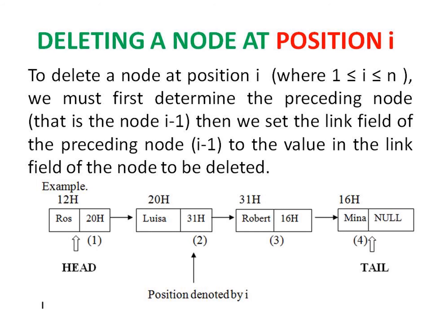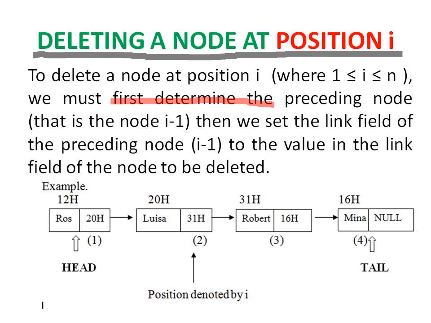Okay? So, how are we going to delete a node at position I? So, first, we have to determine the preceding node. Okay? So, we have to know the I minus 1.